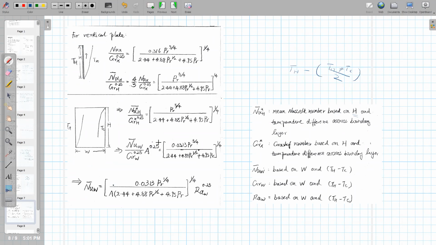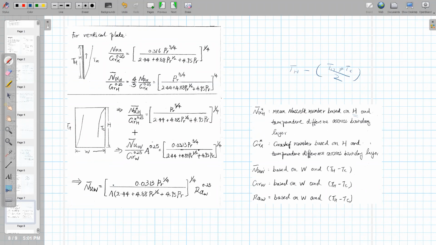After you do that, you can try to remove this star. Change the definition of the Nusselt number from here to one based on W and on the correct temperature difference TH minus TC. It's just a simple substitution.